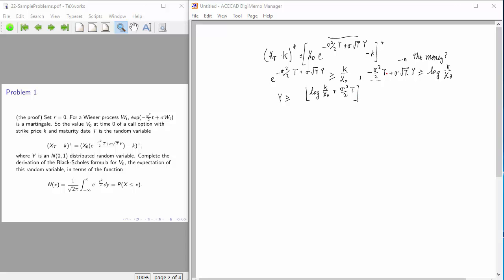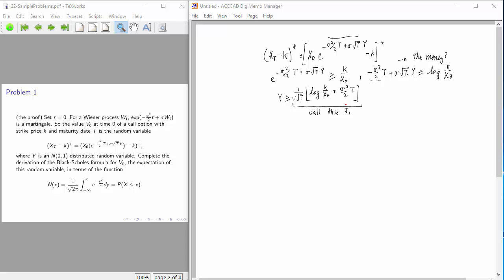And then I have to divide by sigma times the square root of t. I want to give this a name. Let's call it t sub 1.